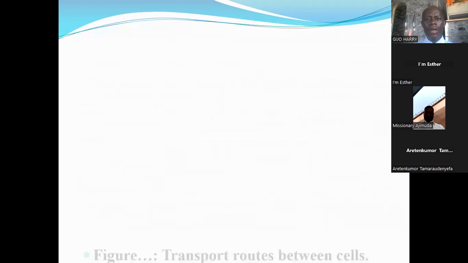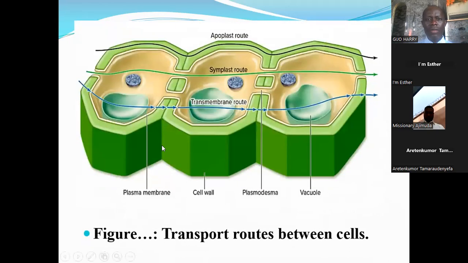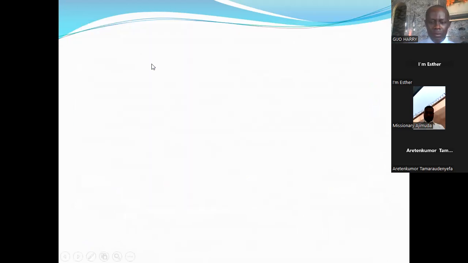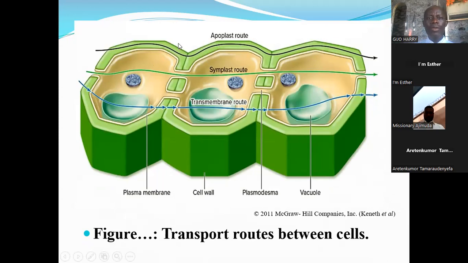Then we also looked at this picture. In the apoplast route, you see that the water moves through the cell wall and the spaces in between cells.